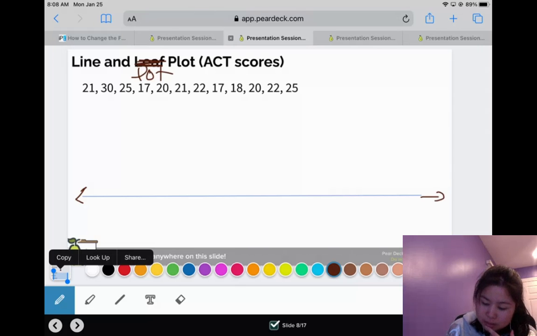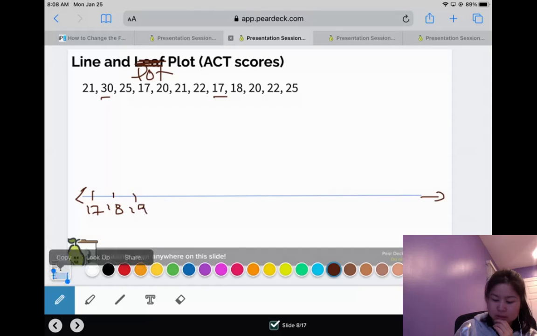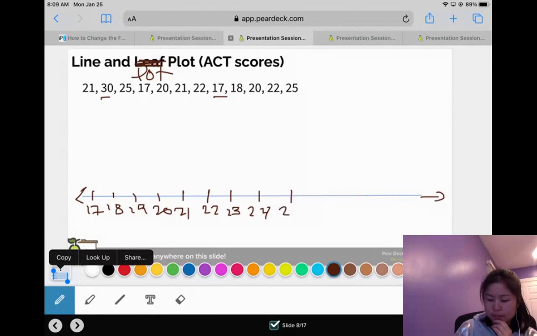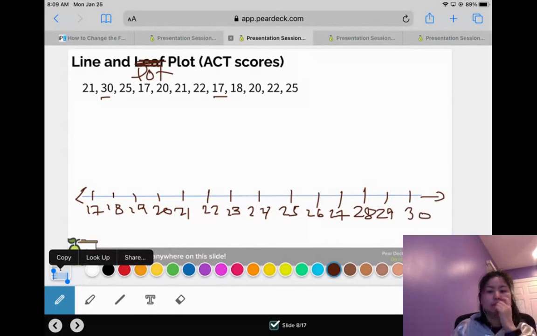I'm going to start with my lowest, which is 17, and then my highest, I'm on slide 8, just in case you wonder, is 30. So I'm going to plot from 17 through 30: 17, 18, 19, 20. So think about this as a number line. Okay, this is the number line.